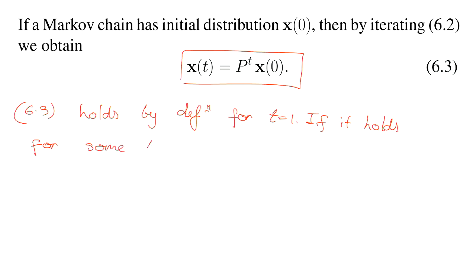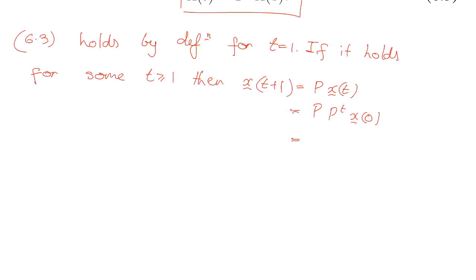If it holds for some t that's at least 1, then x of t plus 1 is P x of t, and by the induction hypothesis, this is P times P to the t x of 0, and so that's P to the t plus 1 x of 0. Okay, so the simplest inductive argument you could possibly hope for.